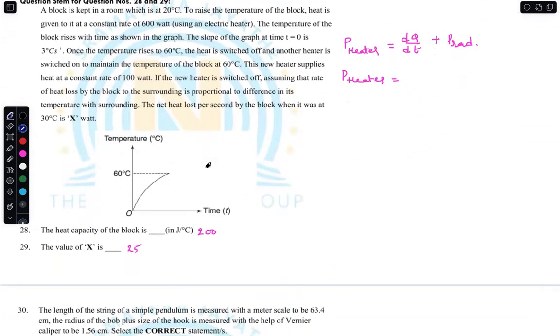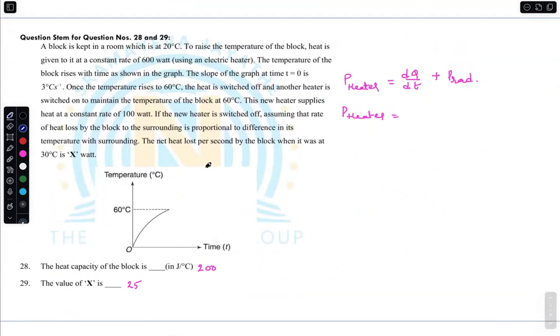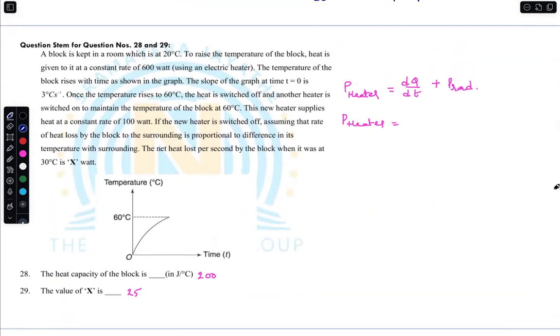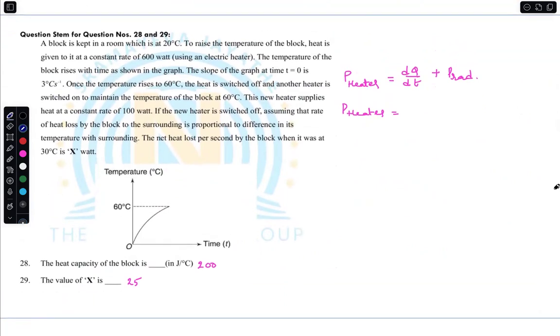Next, 28, 29. Don't worry about the length of the question all the time. A block is kept in a room which is at 20 degrees centigrade. To raise the temperature of the block, heat is to be given at a constant rate of 600 watt using an electric heater. The temperature of the block rises with time as shown in the figure.